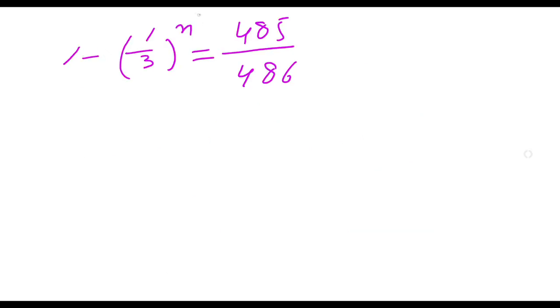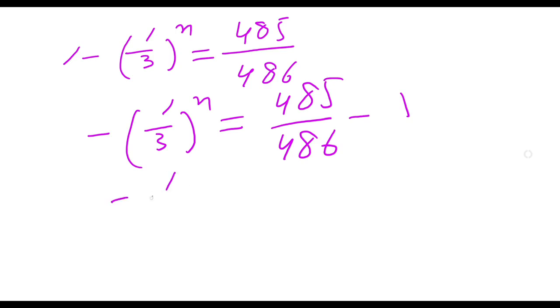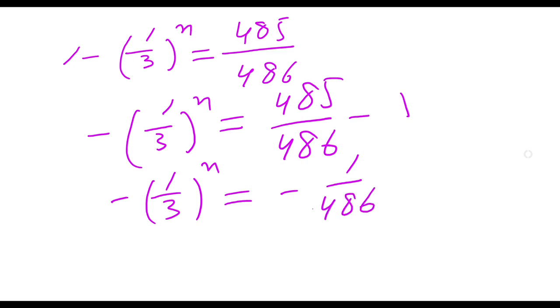Now our subject of the formula is n, so we need to solve n. Now negative 1 over 3 power n is equal to, this become negative 1 over 486. Now this is negative sign, this is negative sign. This negative sign outside the bracket, so I can cancel because both sides is negative, negative cancel. So we only left with 1 over 3 power n is equal to 1 over 486.